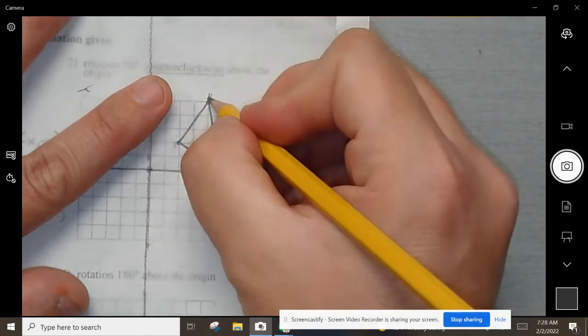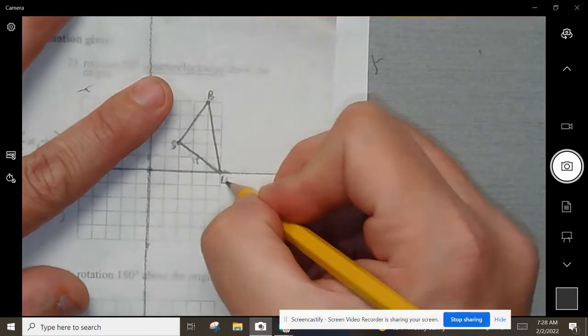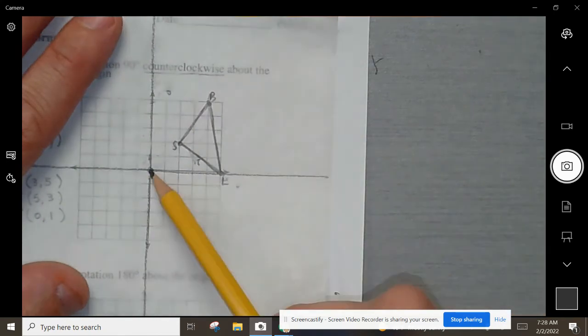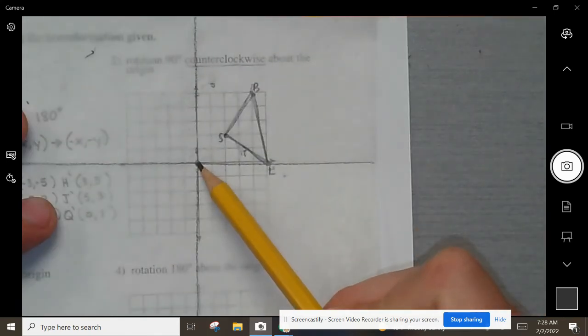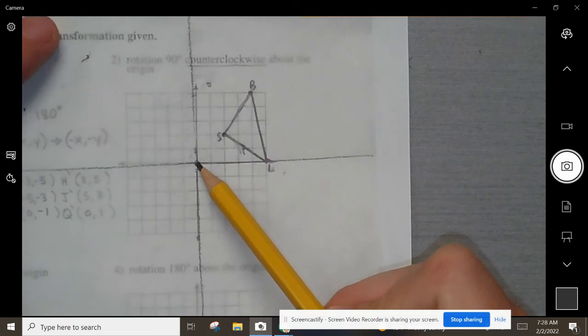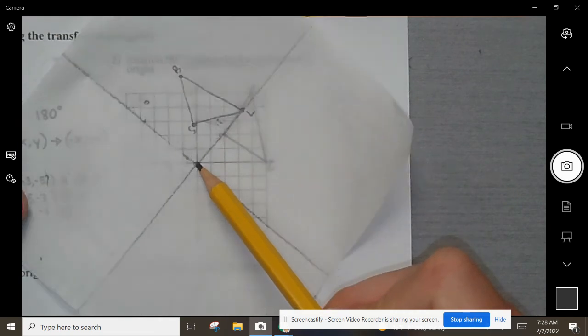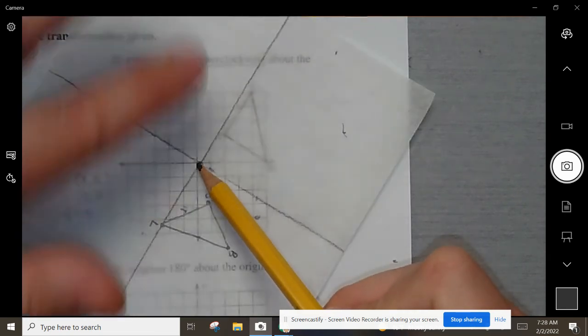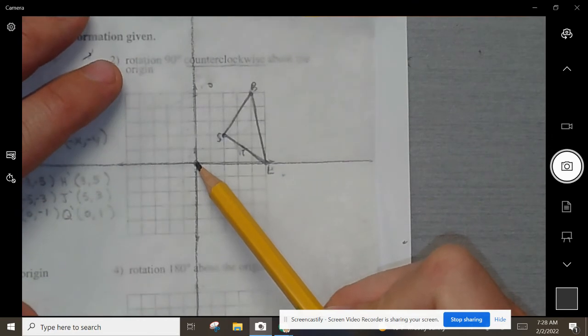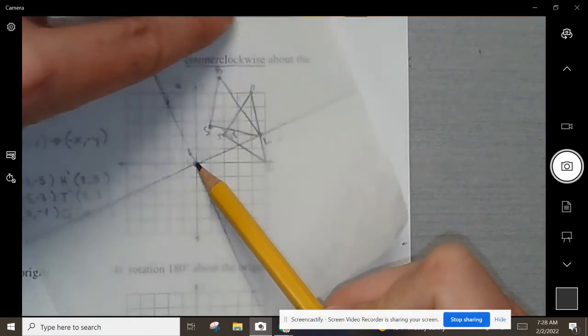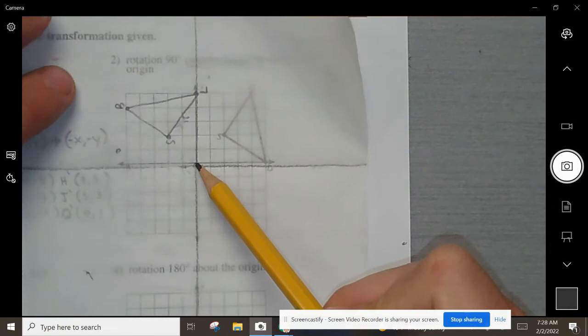All right, that's BSL. Now, it says 90 degrees counterclockwise. So that means you're going to be going to the left. That's counterclockwise. Going this way is counterclockwise, okay? So here's the deal. If I go counterclockwise, I'm going to go left 1 rotation.